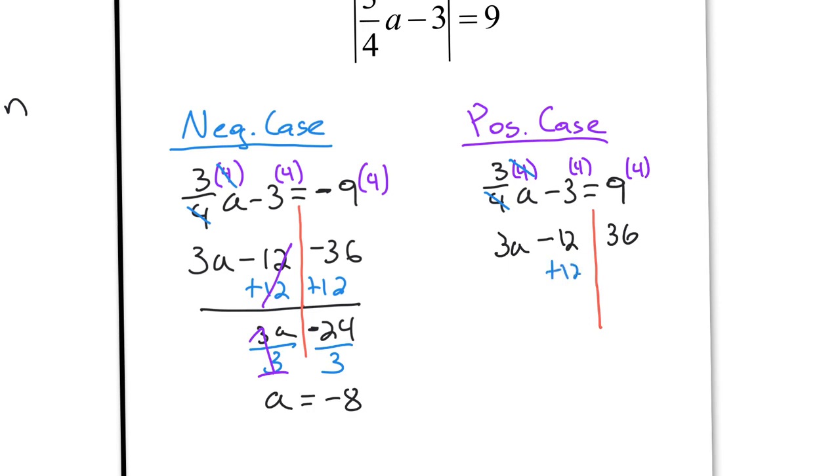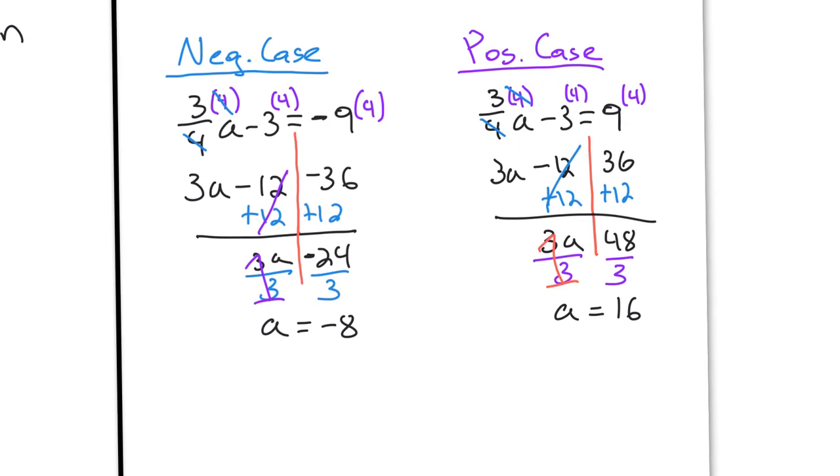You guys add 12 to both sides, and we know this cancels. Bring down the 3a, and we get 48 on the other side. You guys divide by 3, so we know this turns into positive 1. A equals 16. So my solution set, we have two answers. One of them is -8, that's the smallest one, and the next one is positive 16.